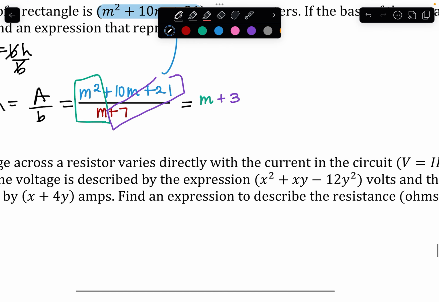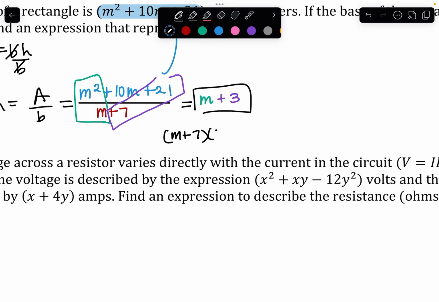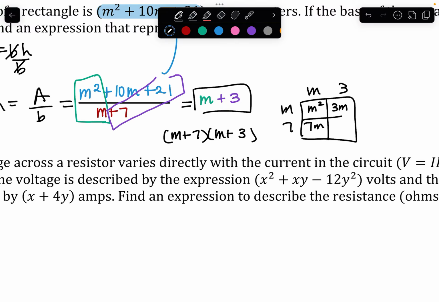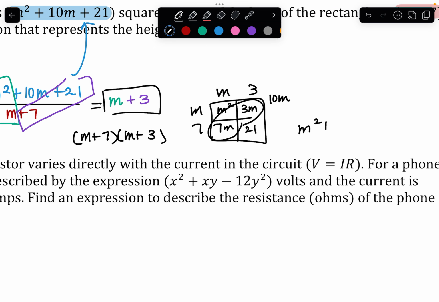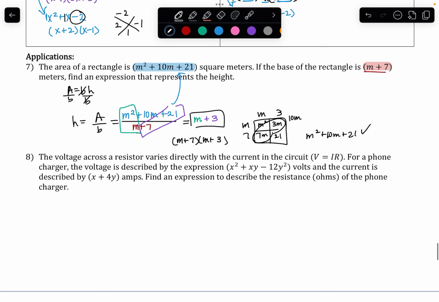And so you can verify that m plus 7 times m plus 3, if you multiply those out, you would get m squared, 3m, 7m, 21. Combine your like terms, you get 10m. And so that would multiply back out to m squared plus 10m plus 21, which was our original area. And so the answer to this question for the height is m plus 3.